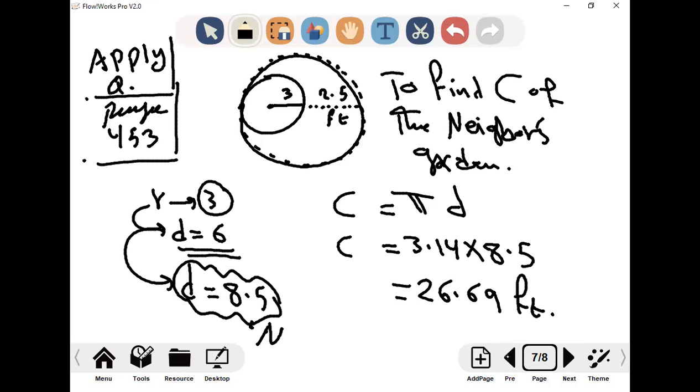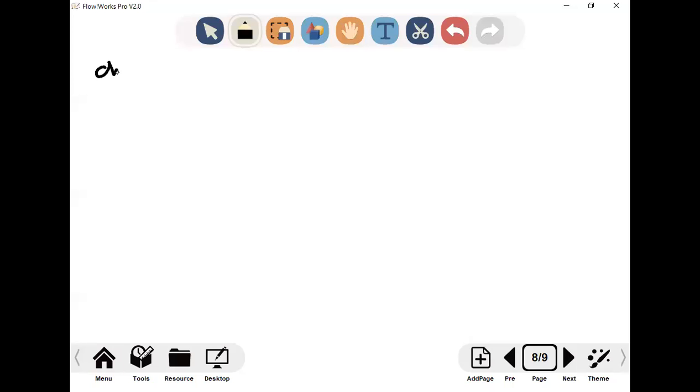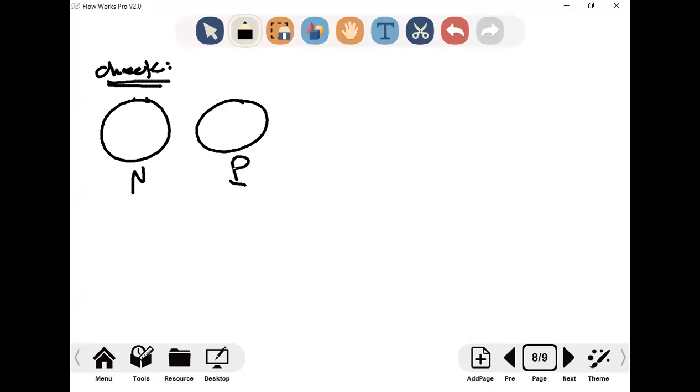A nickel has a diameter that is 2.16 millimeters longer than the diameter of a penny. So who is who? We have a nickel and a penny. Which is bigger? The nickel is bigger, right? I will call this N and this P. Let's read the question again.